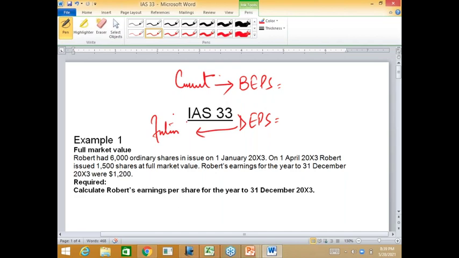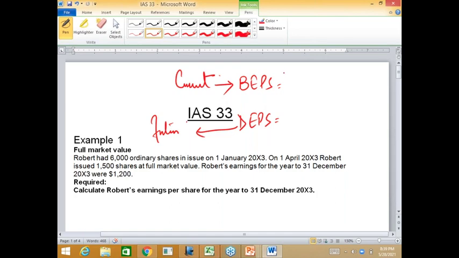If I elaborate this in a very simple meaning, basic EPS is the normal EPS of the company, and diluted EPS is the worst case scenario that you need to show to the shareholder.